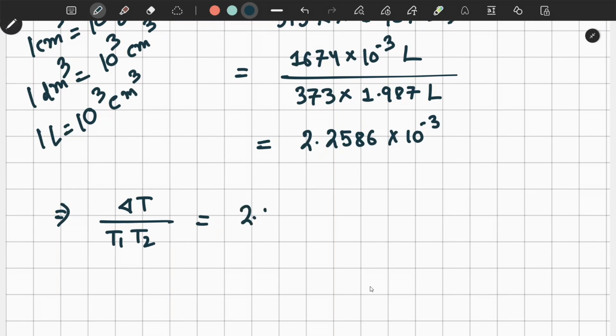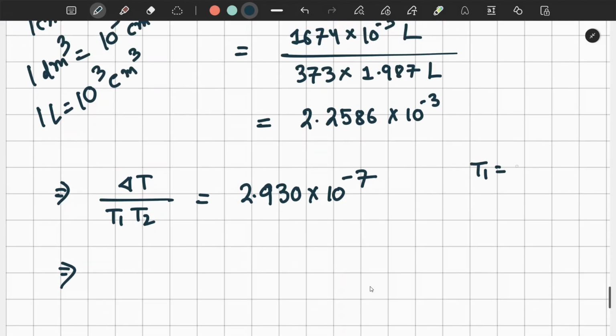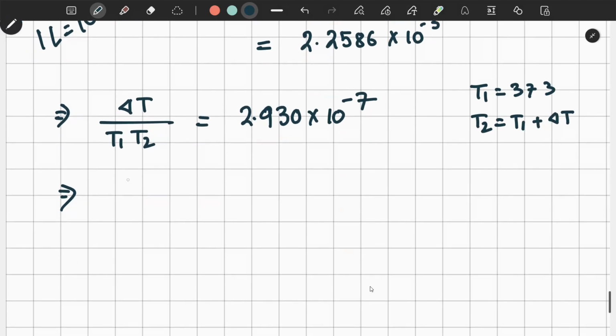So it is like this. Now T1, T2. So T1 is 373. T2 is T1 plus delta T, that we need to find out.